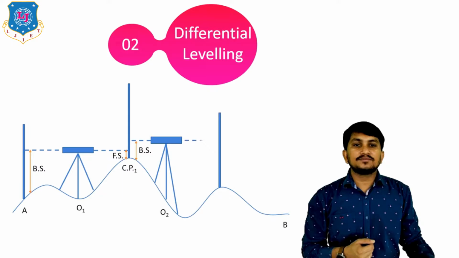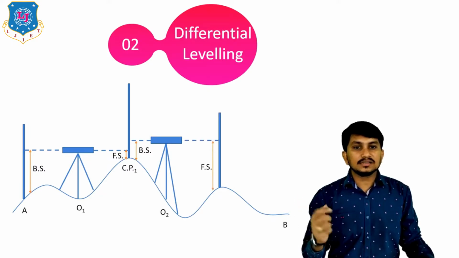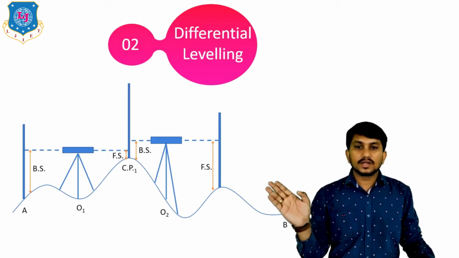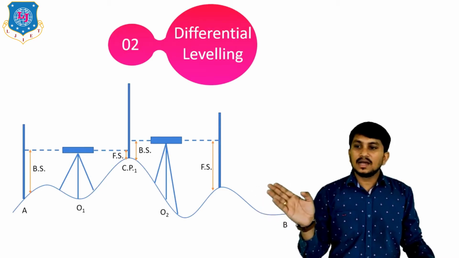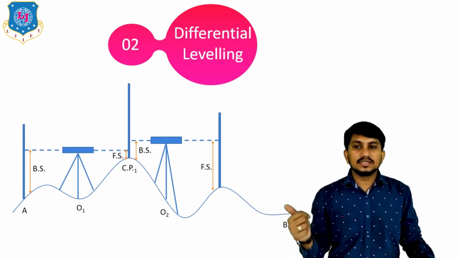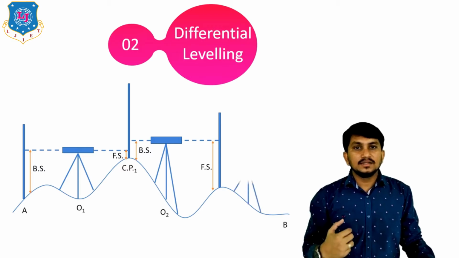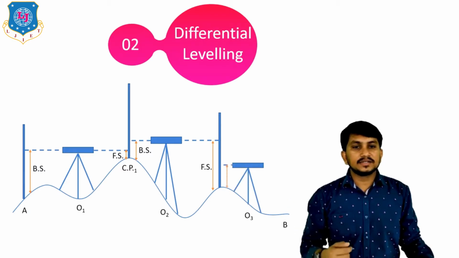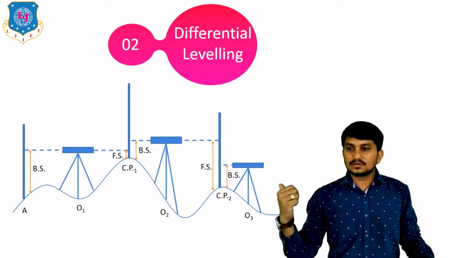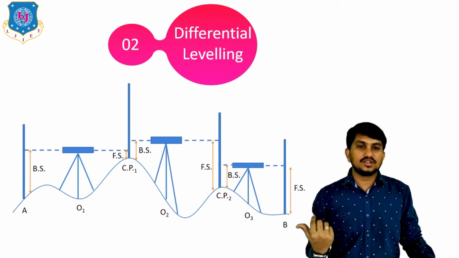Then we will take FS, which is the last reading, because after this point the O2 setup cannot be used since it is out of range. After this, the third setup is prepared on the ground and readings are taken. This is the BS, this is called a changing point. Then we can take the staff reading at station B.